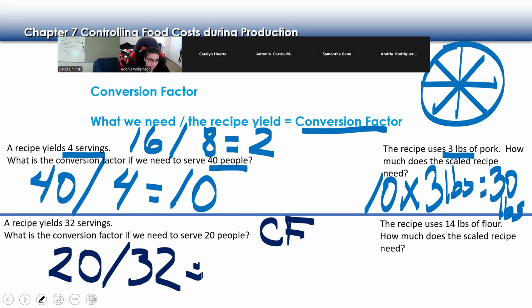Caroline, what did you get for your conversion factor? 8.75 pounds. Okay, so we got a total of 8.75 pounds. That's our answer at the end. What was our conversion factor?